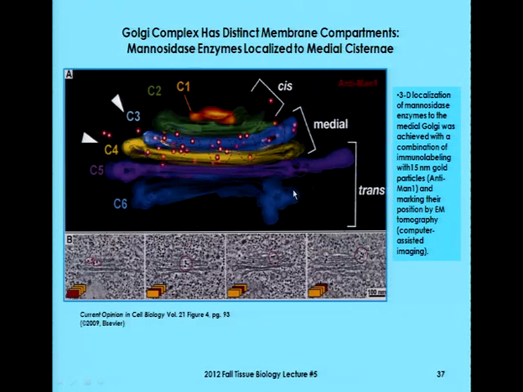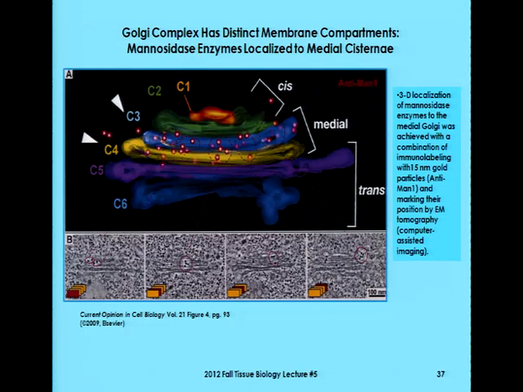Now this sort of labeling study or reconstruction study can be coupled with immunolabeling and allows for very precise localization of enzymes in the Golgi complex.